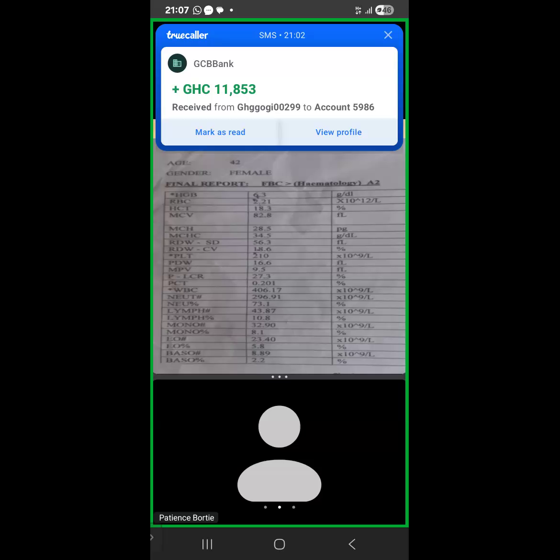Why would there be retics? It's because there are young cells that are being produced.